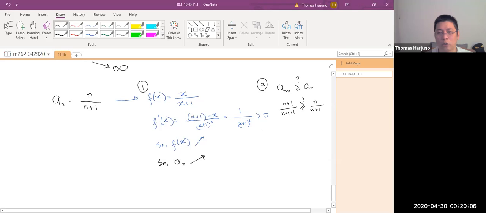But if that were true, then n plus 1 squared should be greater equals to n times n plus 2. Okay, n squared plus 2n plus 1 is greater equals to n squared plus 2n. But if that's true, then 1 is greater equals to 0.